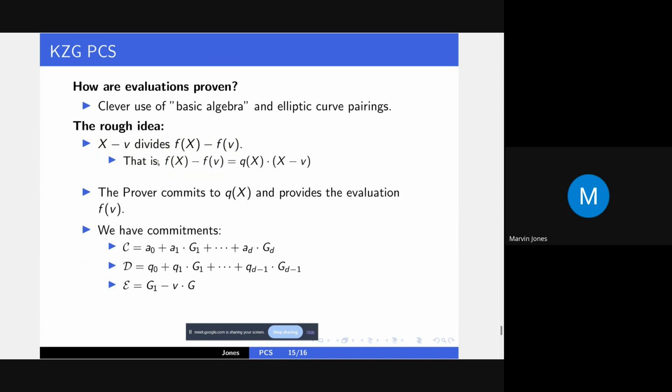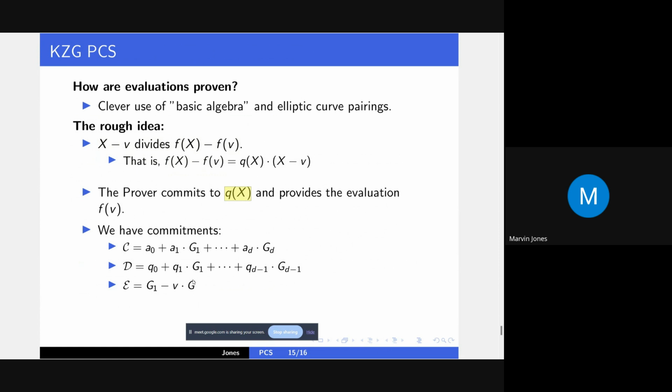And what we will do now is the prover will commit to q of x. So again, you've queried the evaluation point at v. The prover is going to give you this f of v, and they're going to give you a commitment to q of x. They will also need to give you a q of v as well. I didn't write that, but yeah, they'll need to give you that.